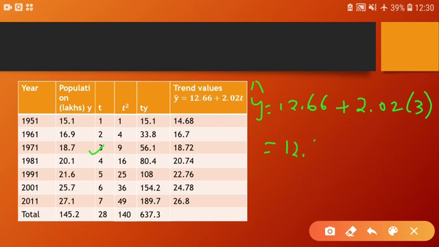So what is 2.02 into 3? 6.06. Now you have to add this 6.06 to 12.66, which is 18.72.